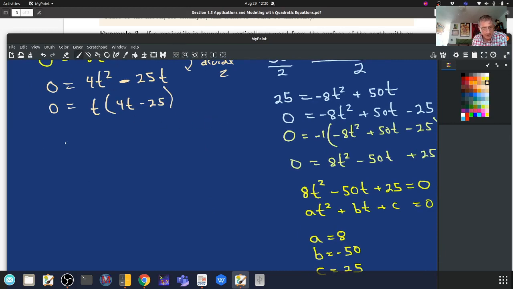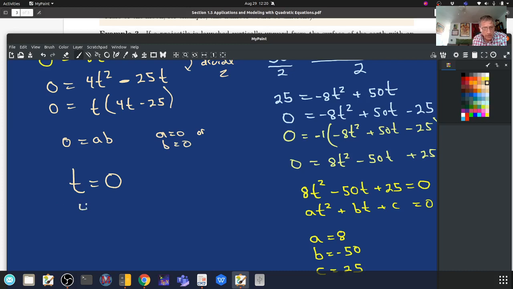So that means this is the same as 0 is equal to a times b, where a is t and b is 4t minus 25. So the zero factor theorem says a is equal to 0, or b is equal to 0. So I set each of my factors equal to 0. t is one factor, 4t minus 25 is another one. So t is equal to 0, which makes sense because it starts at the surface of the ground.